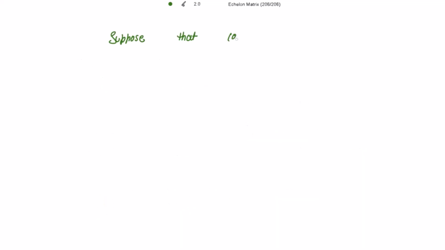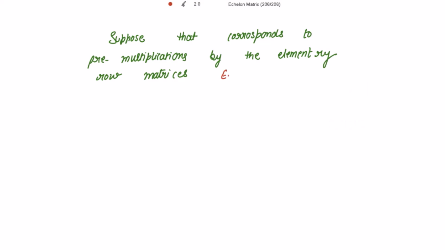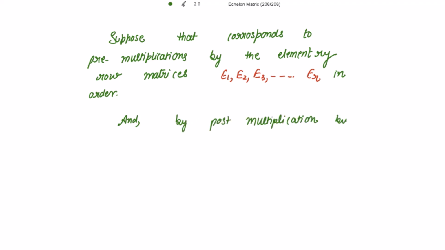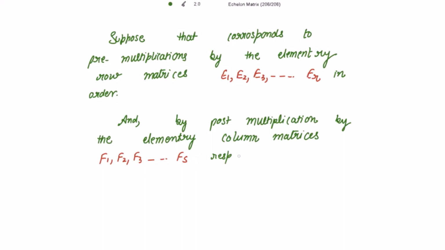Pre-multiplication always corresponds to the row operations by the elementary row matrices, let's say E1, E2, E3 up to Er in order. And post multiplication corresponds to the elementary column matrices, and let those column matrices be F1, F2, F3 up to Fs respectively, right?